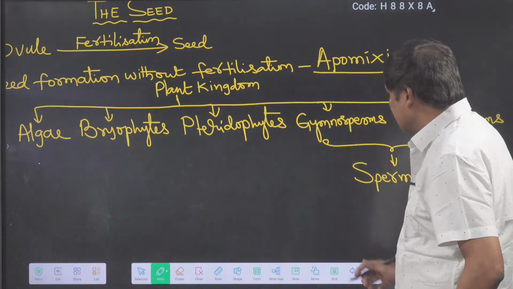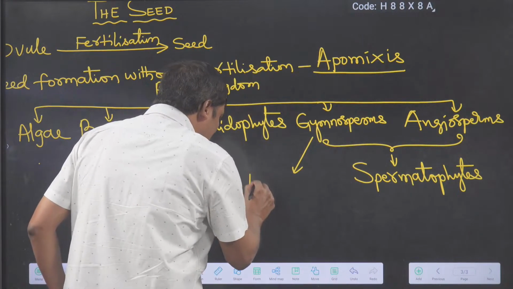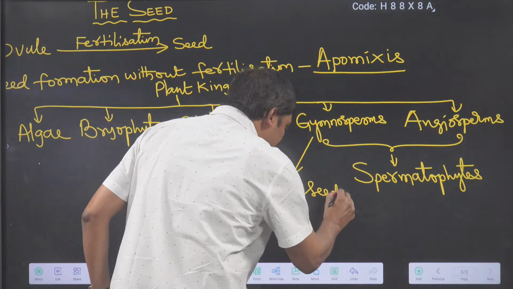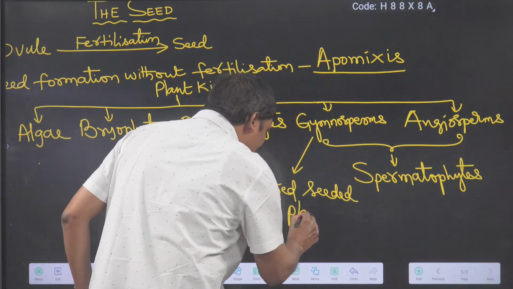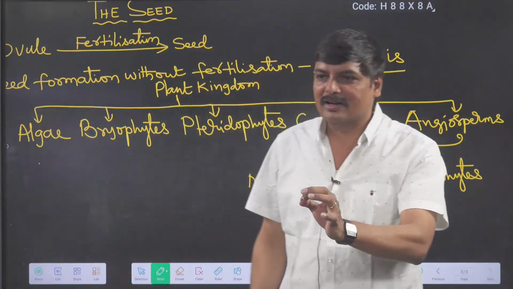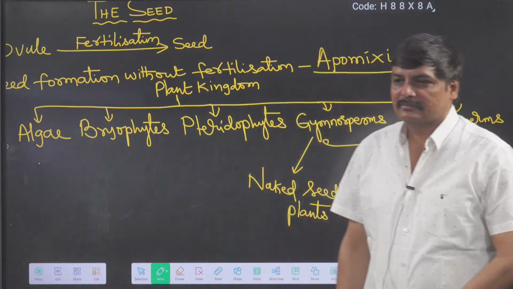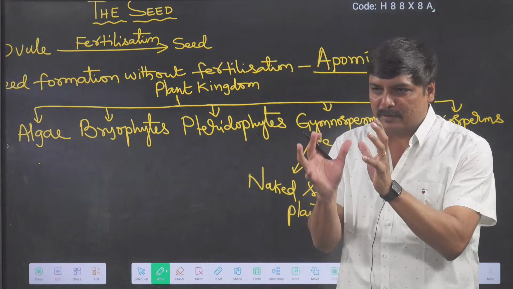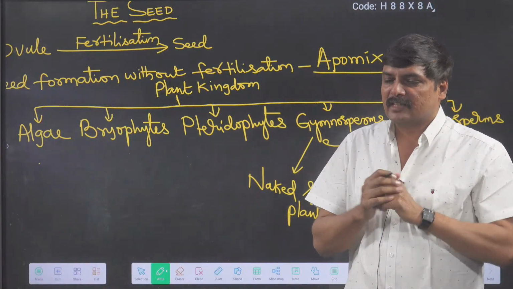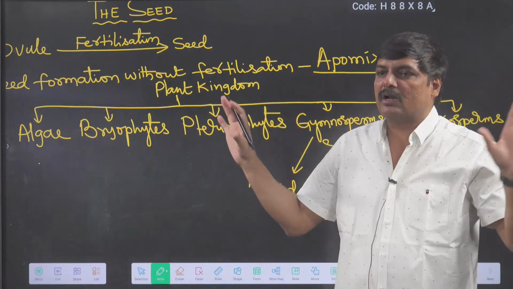Gymnosperms are called naked seeded plants. Seeds are not covered by a fruit wall and hence seeds are exposed to the outside. In gymnosperms, there is no ovary, there is no ovary wall, hence there is no fruit wall.